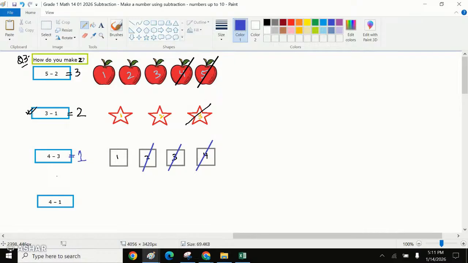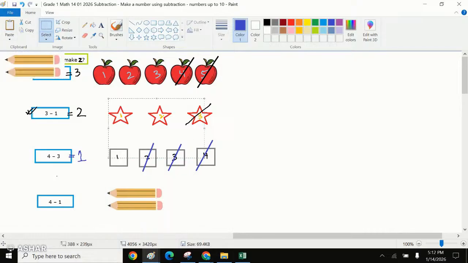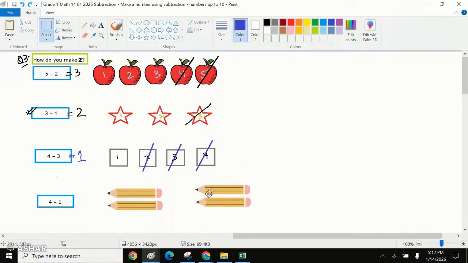Yes, thank you. And in the last one, what is 4 minus 1? If you open up 4 fingers and close 1. Or we say we have 4 pencils, let's number them 1, 2, 3, and 4.